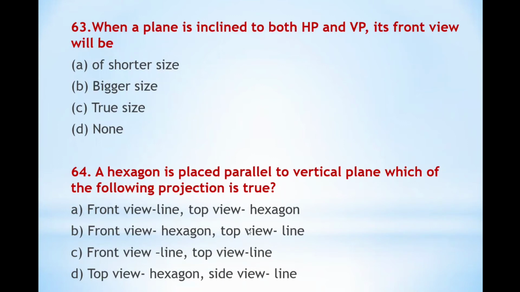Okay. 63 number. When a plane is inclined to both HP and VP, its front view will be.